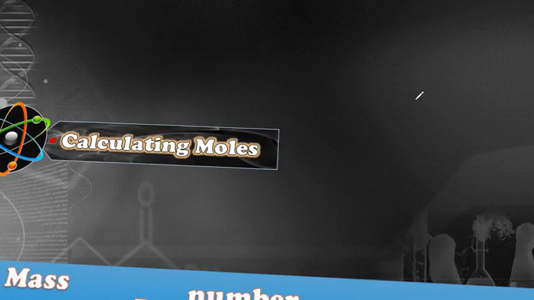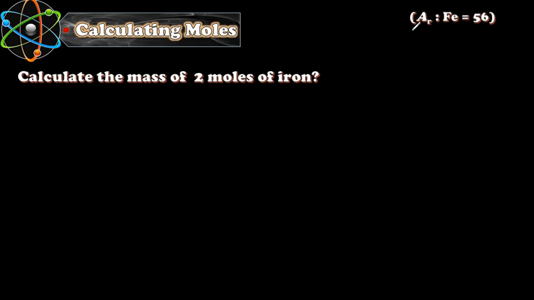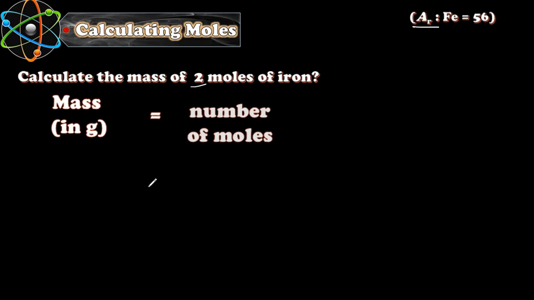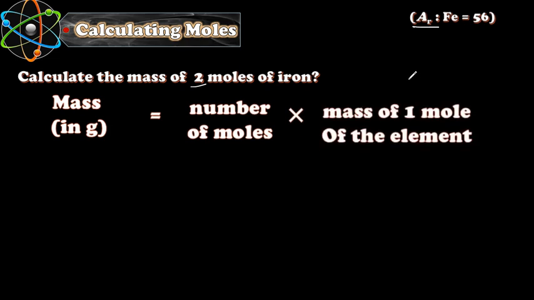Here we're going to have a question just to look at this. The relative atomic mass of iron is 56. Here is the question. Calculate the mass of 2 moles of iron, and how we're going to do this. Here the rule says mass in grams equals number of moles times the mass of 1 mole of the element, which is the relative atomic mass.